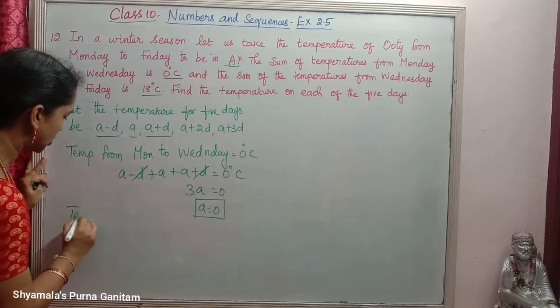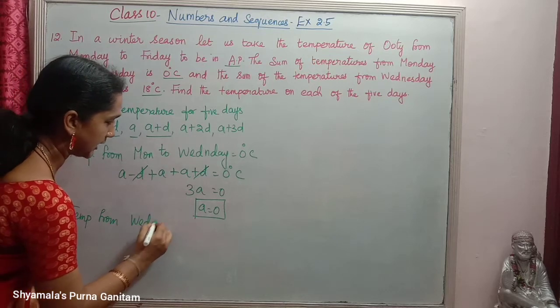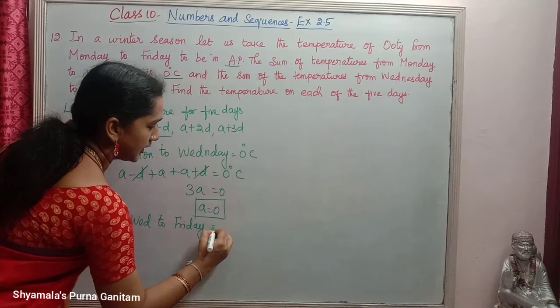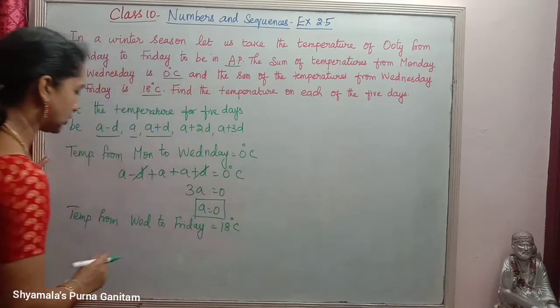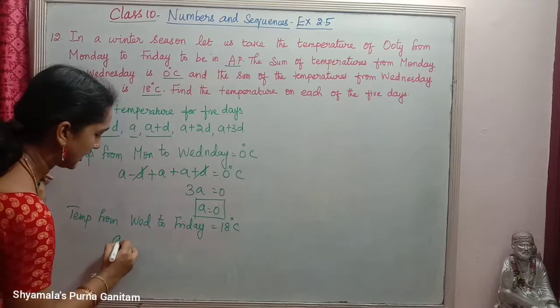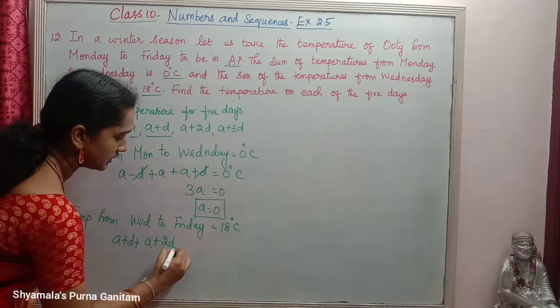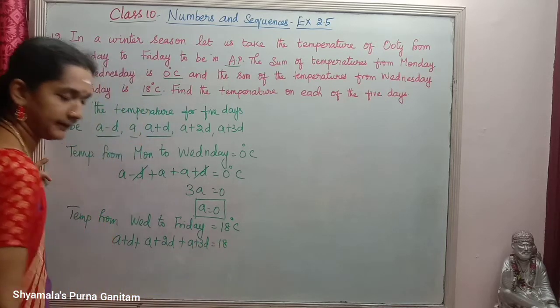Then the temperature from Wednesday to Friday is given as 18 degrees C. So A plus A plus D plus A plus 2D is equal to 18.